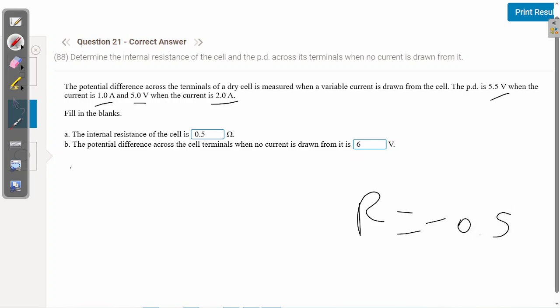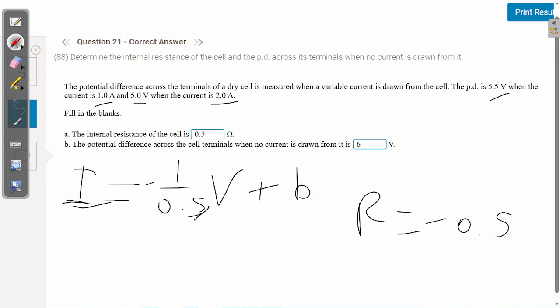Okay, now the potential difference when no current is drawn is what? For this one we need to write the equation as if it's y equals mx plus b. So I equals, what's the slope? It's negative 1 over 0.5 times V plus a constant, plus b.